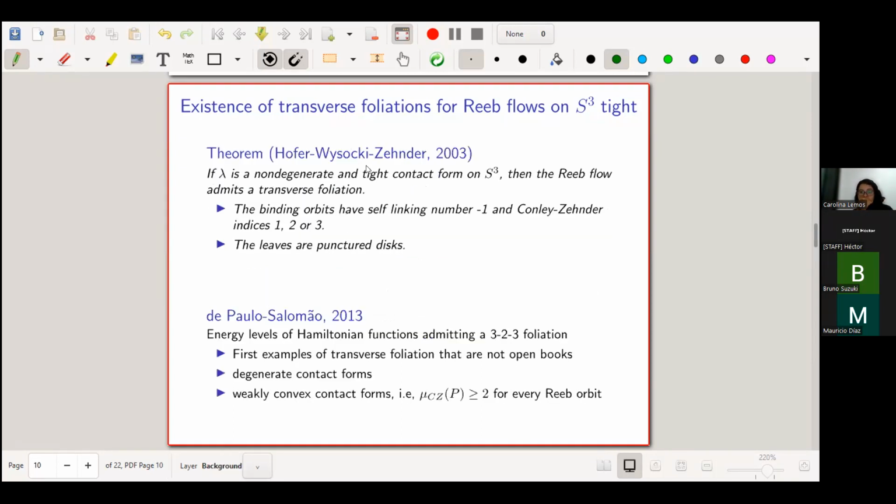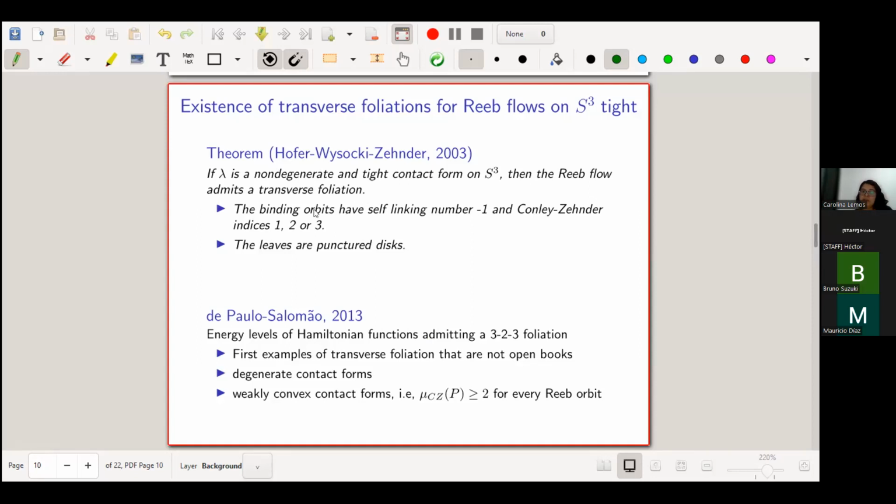Okay, so later, in the beginning of the 2000s, Hofer, Wysocki, and Zehnder generalized that first result to any tight contact form on S3. They proved that when you have a tight non-degenerate contact form, in the previous result it was not necessary to assume non-degeneracy, but here they have to assume it, the Reeb flow always admits a transverse foliation, not necessarily a global surface of section.